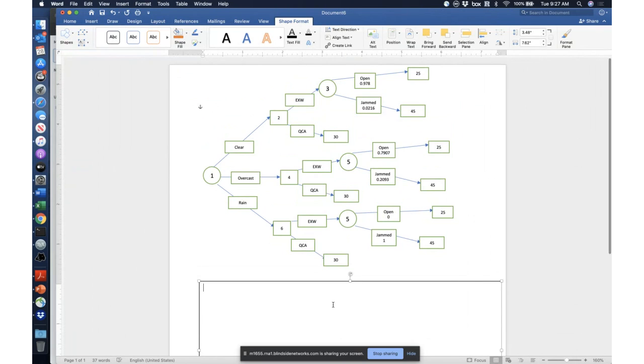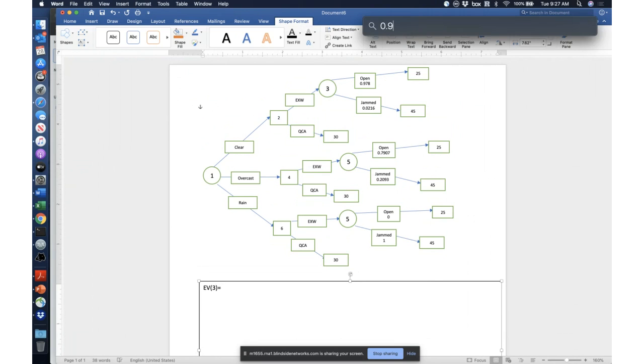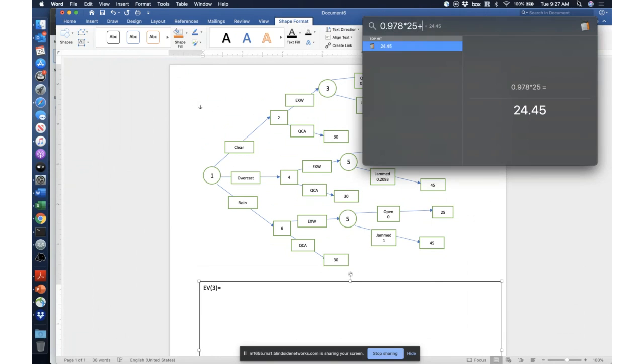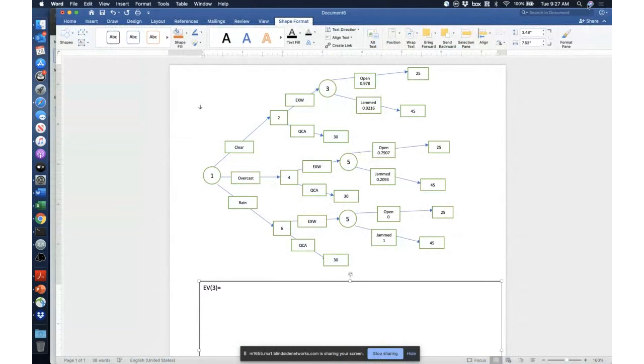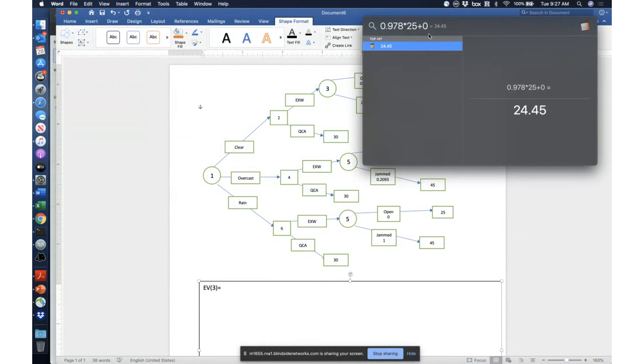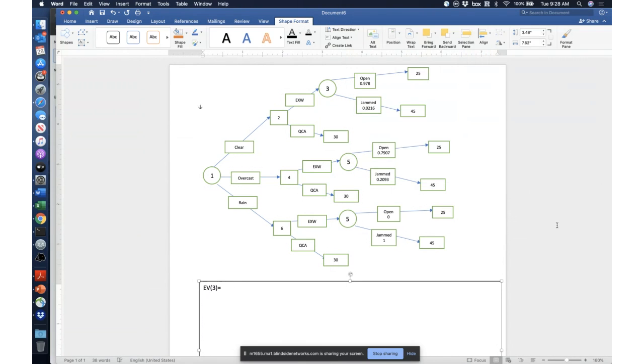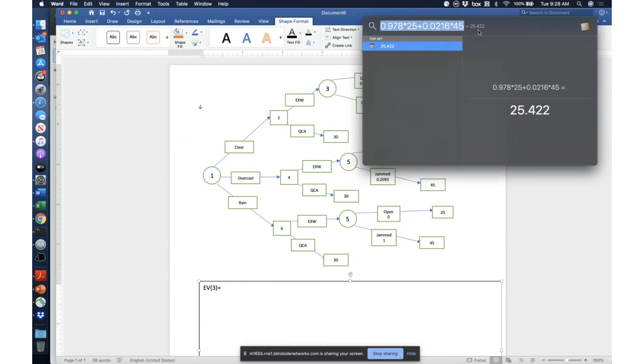So the expected value at node 3 will be 0.978 times 25 minutes plus 0.0216 times 45 minutes. So that is 25.42 minutes.